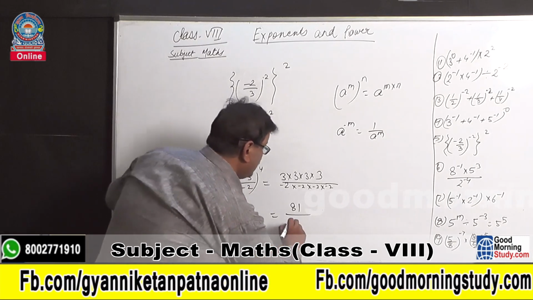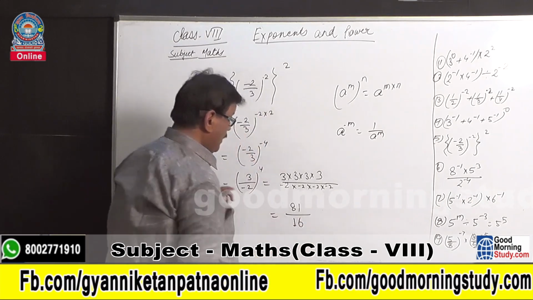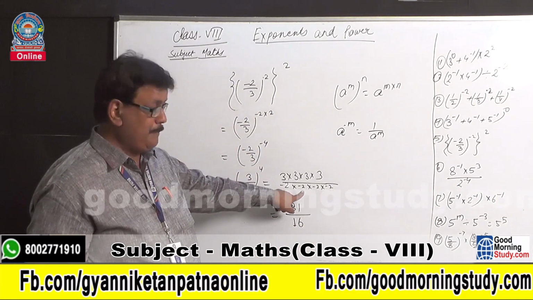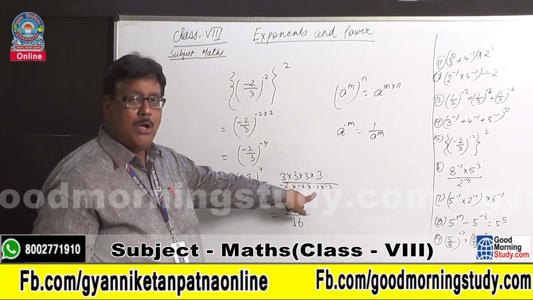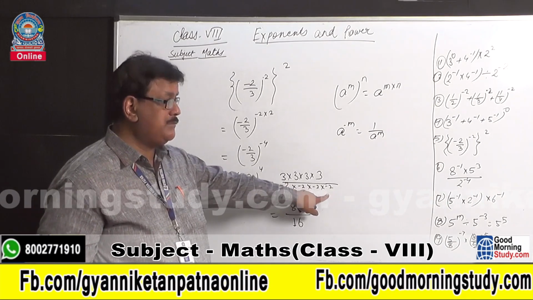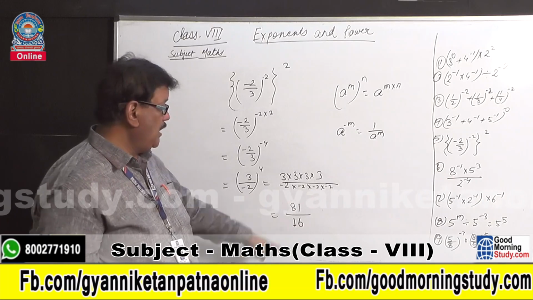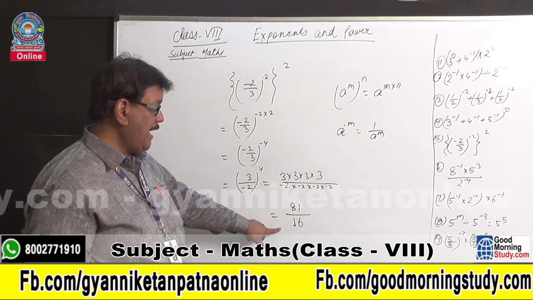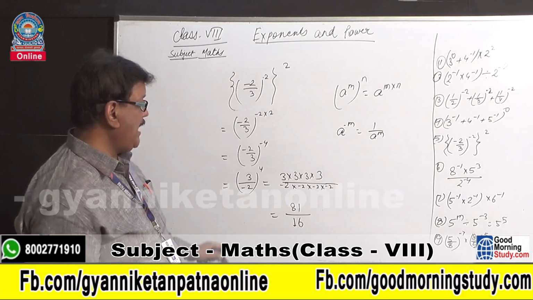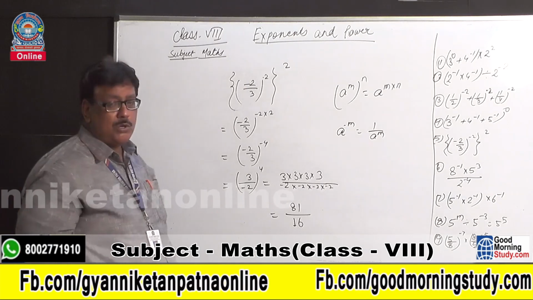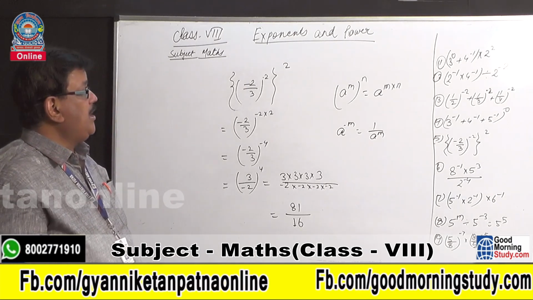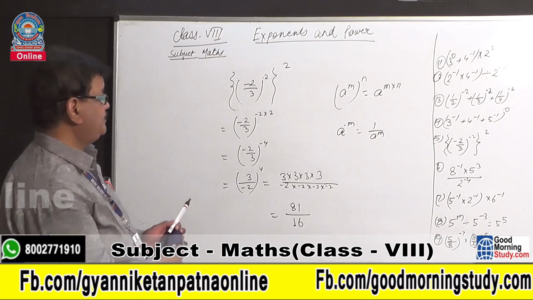Here the result will be positive 16, because minus into minus is plus, plus into minus is minus, and again minus into minus will be plus. So the final result will be 81 by 16. This is also an important question in your NCERT book.